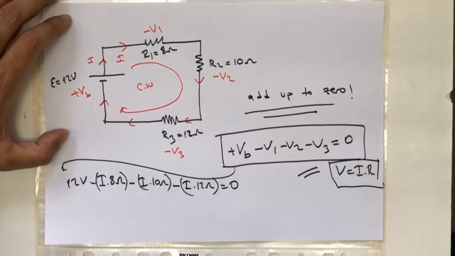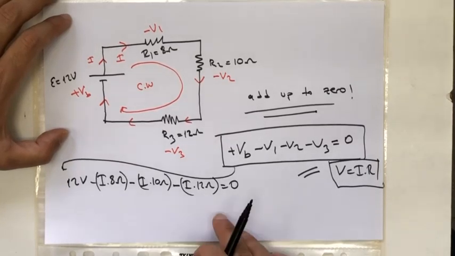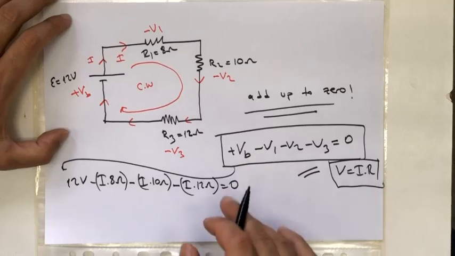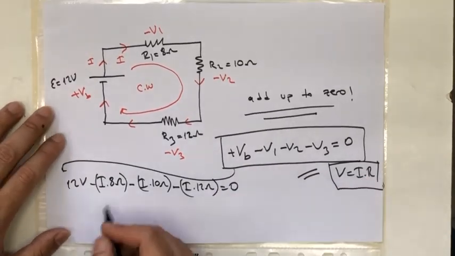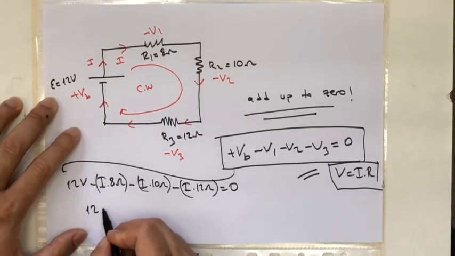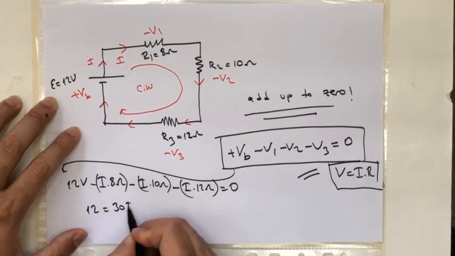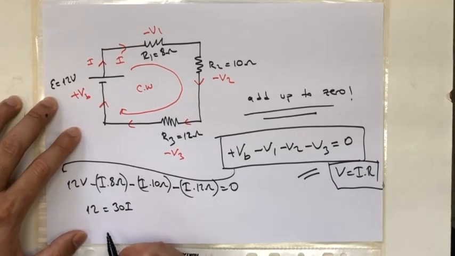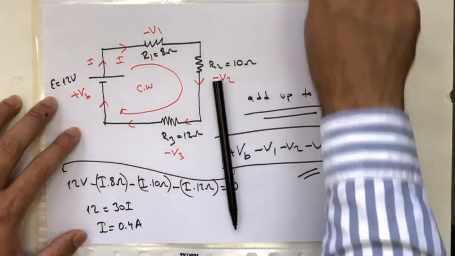Now, for this calculation, let's get rid of the units and write only the numbers. So we will have 12 equals 30 I. So the current will be equal to 0.4 amps.